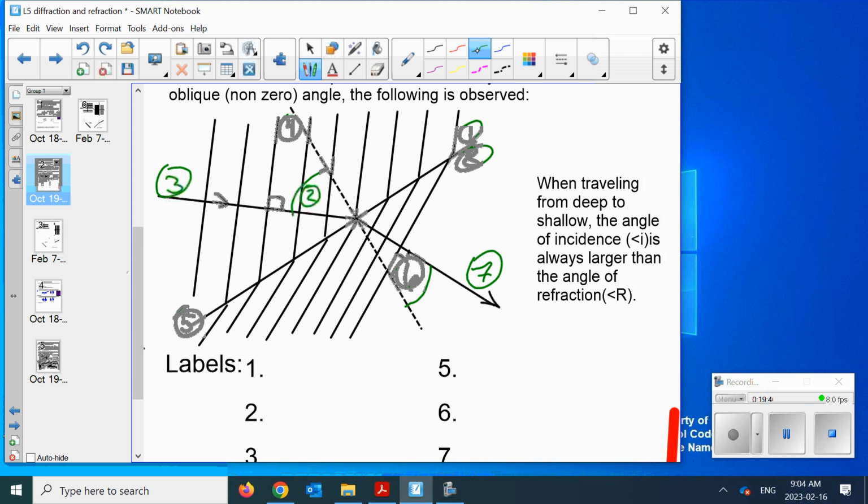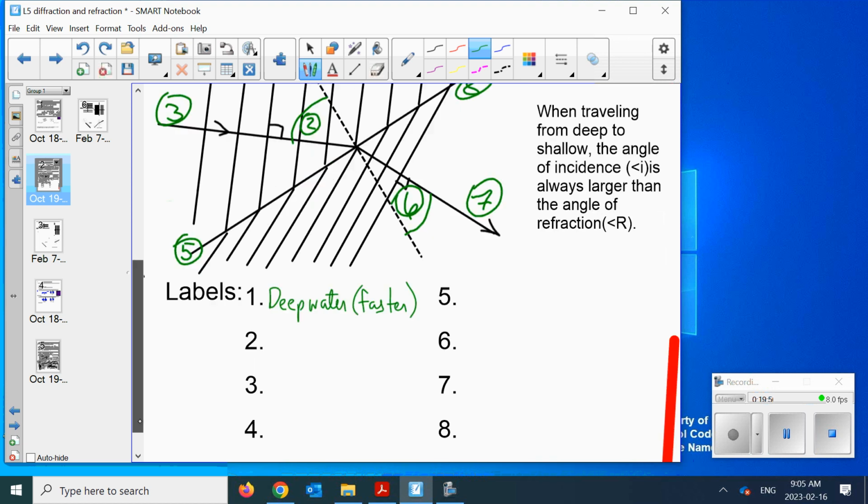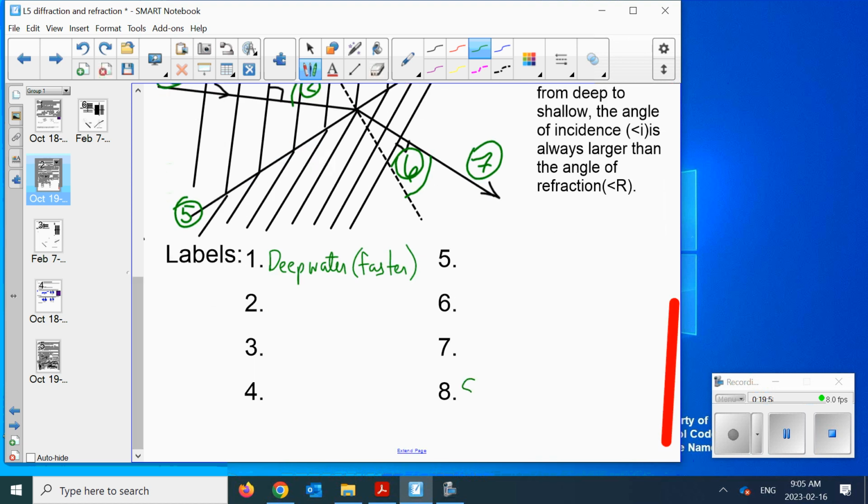Yeah. The 1 is the deep water. And we'll put in fast, because it doesn't have to be water. This also works, we're going to use the same principles when we study light. But I won't get into that right now. And 8 is shallow water. Well, that's slower. And shallow.